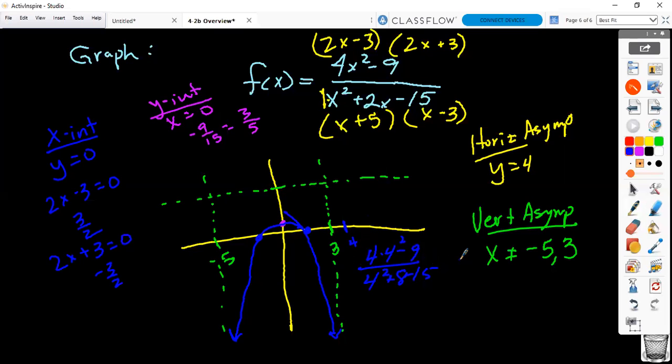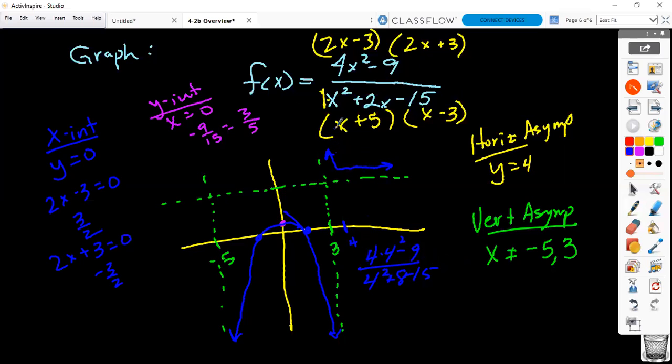So 16 minus 15 would be 1. That'd be all over 9, which comes out to just over 6. Which, if I'm over 6 there, that means that's above this asymptote. So now I've got a piece of my graph up here.